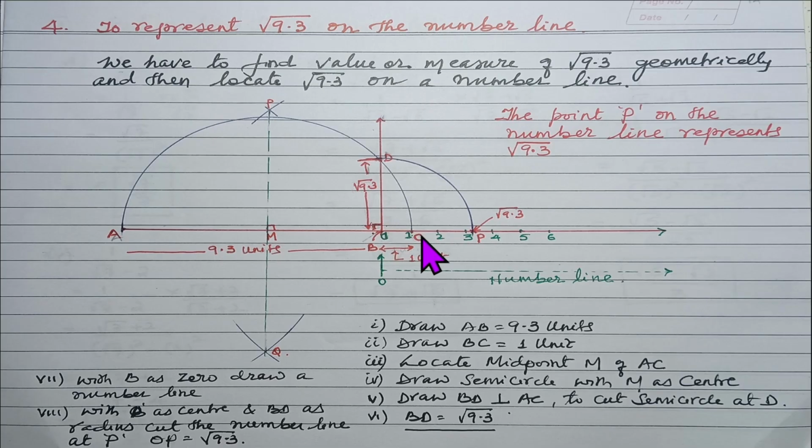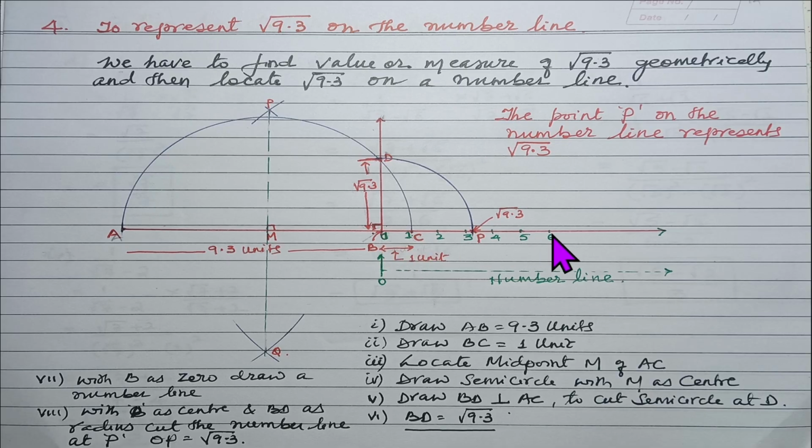Now, with B as the center, take BD as the radius and cut an arc to cut the number line at point P. Please understand here that the point B is 0 of the number line.